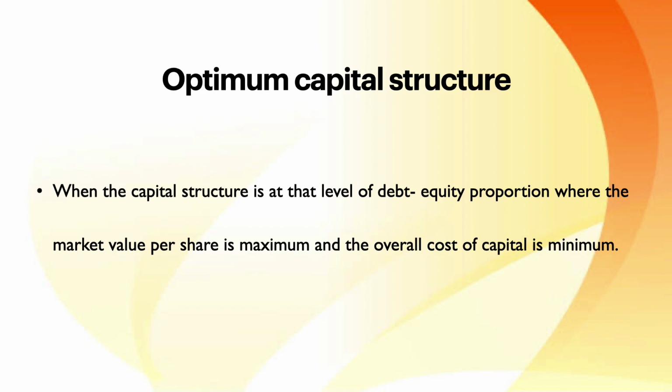Because of so many added points, the market price keeps increasing or is at the maximum, whereas the cost of capital for raising the same capital is minimum. So this complete condition where market price is high and the cost of capital is low is called optimum capital structure.